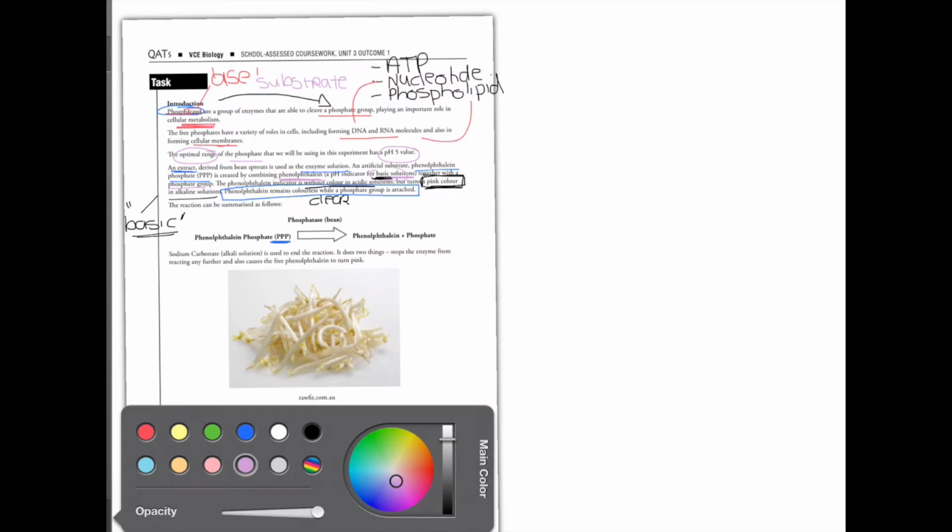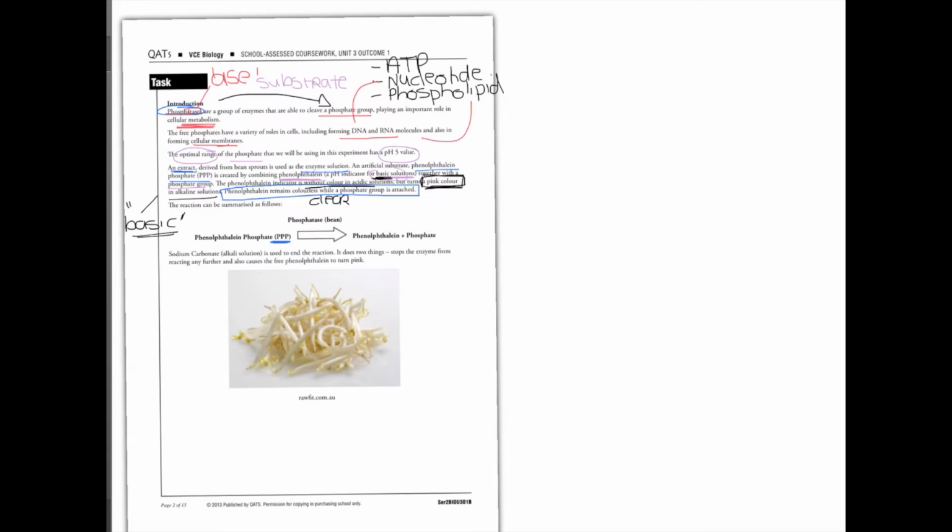We can see in the equation here we've got phenylalanine phosphate, so PPP, and then we've got the enzyme, our phosphatase, and remember, that binds to a phosphate group, which is here. Once it binds to it, it's going to break it apart, so then we'll have our phenylalanine and our phosphate.